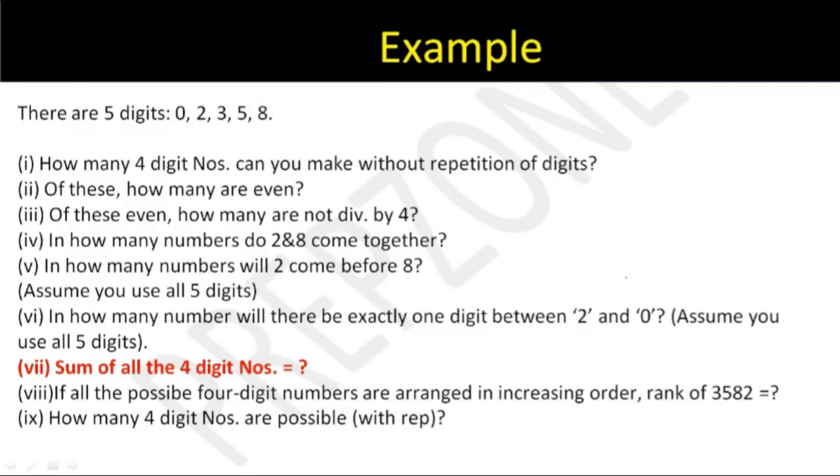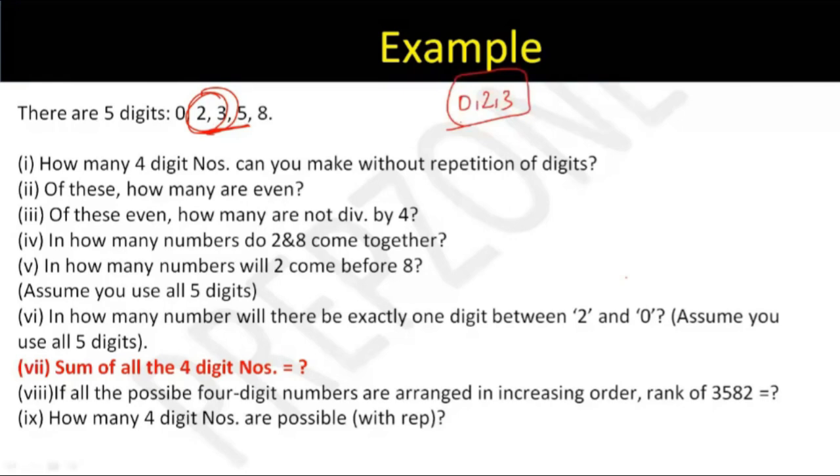A hint for everyone: say for example we had only 3 digits, 0, 2, and 3, and we had to find the sum of all. Whenever such a big question comes, you break the question into smaller chunks, try to find the pattern, and then solve it.